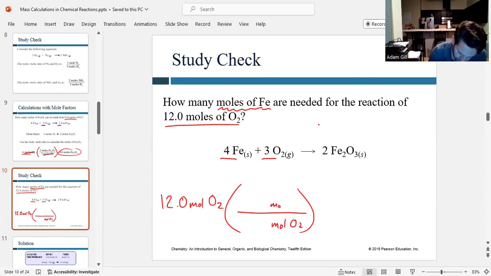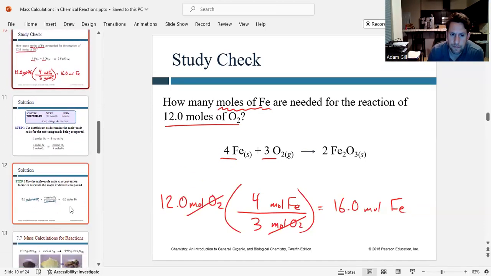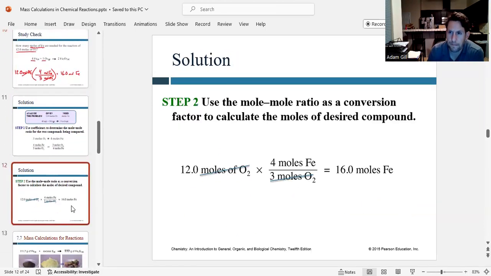We want moles of iron on top. Looks like there's 4 irons for every 3 oxygens. When we multiply this across, 12 times 4 divided by 3, I think I'm going to get 16.0 moles of iron. Cool.